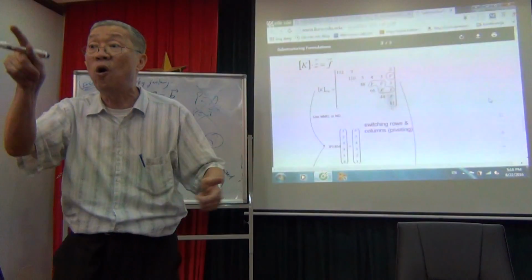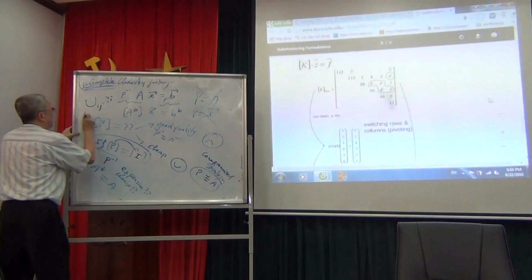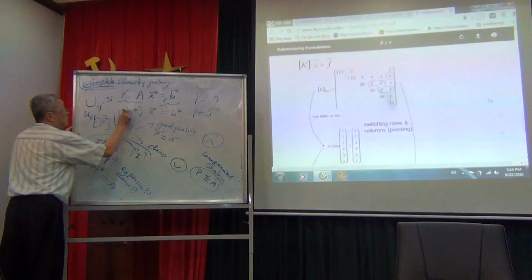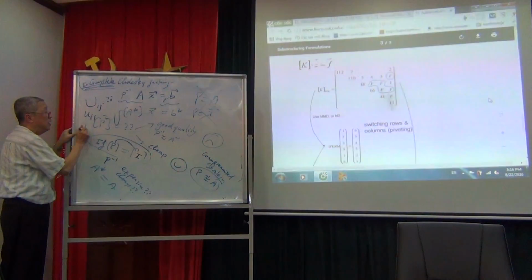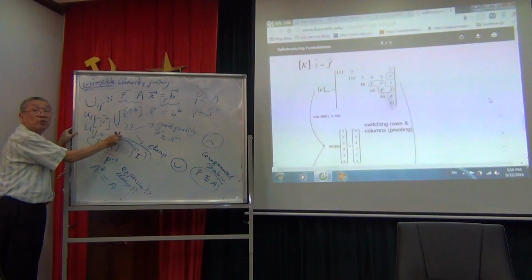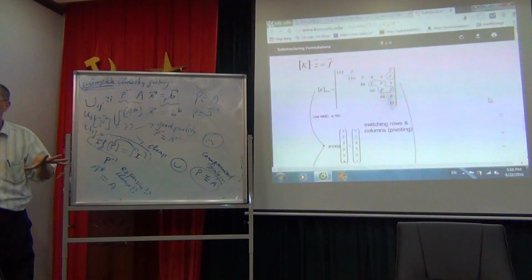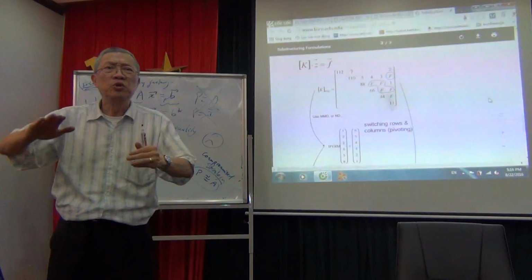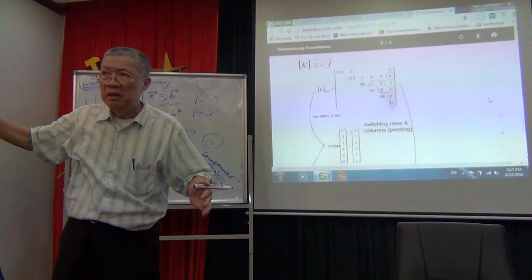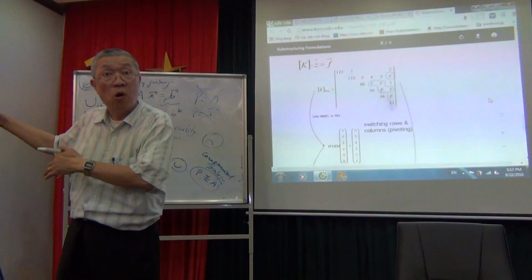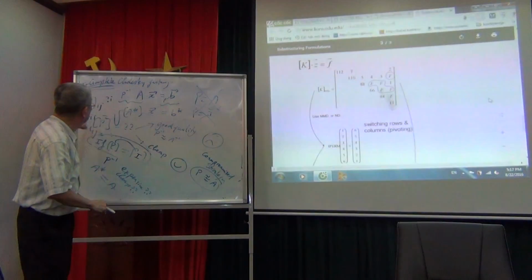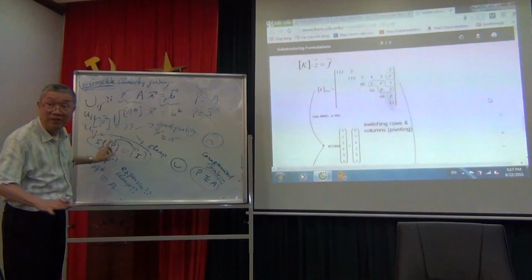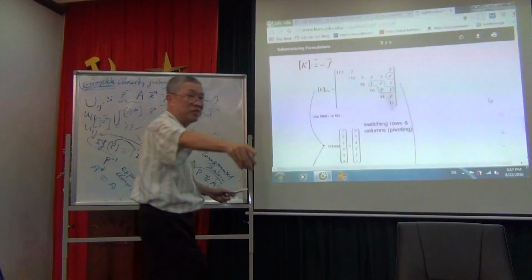Remember equation 4 helps you to find out the diagonal term, and equation 5 will help you to find out the off-diagonal term, right? So if you want to do a complete Cholesky, you can use equation 4 or equation 5 to compute either the diagonal term or the off-diagonal term. You agree?